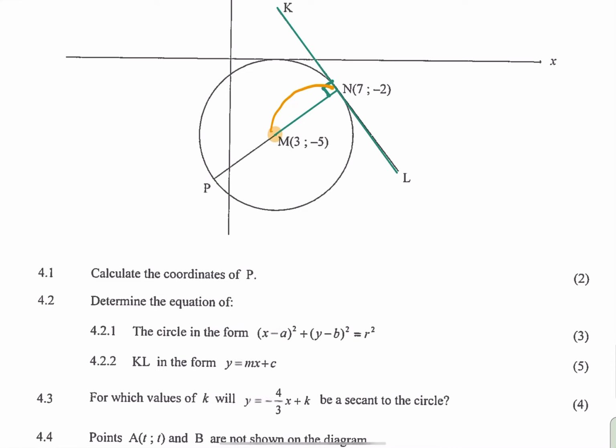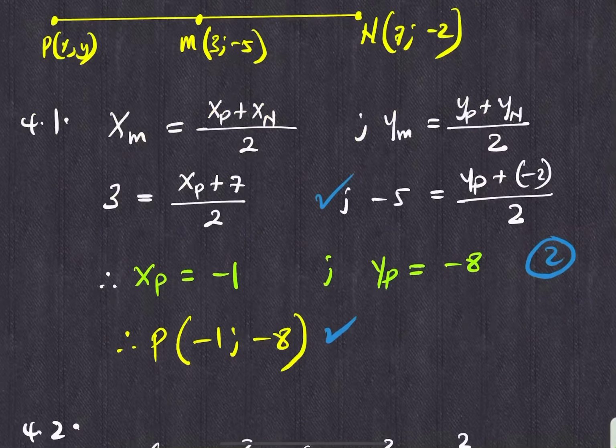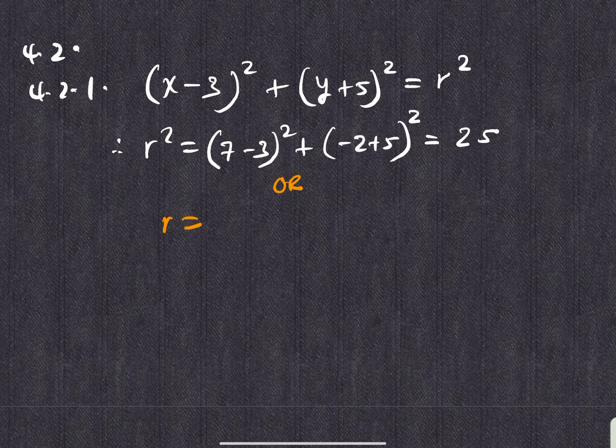This length here is the radius of the circle and is perpendicular to the tangent KL that is given to you there. So how about if I find the distance of MN? I'm going to use the distance formula to do this one. It should be very easy. You are given all the points of MN.